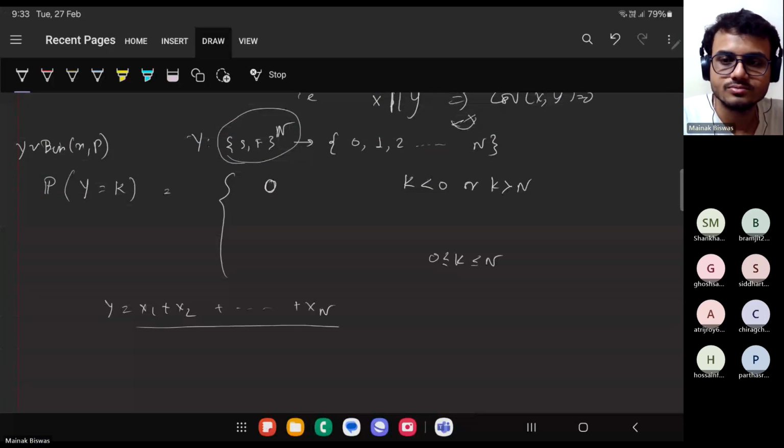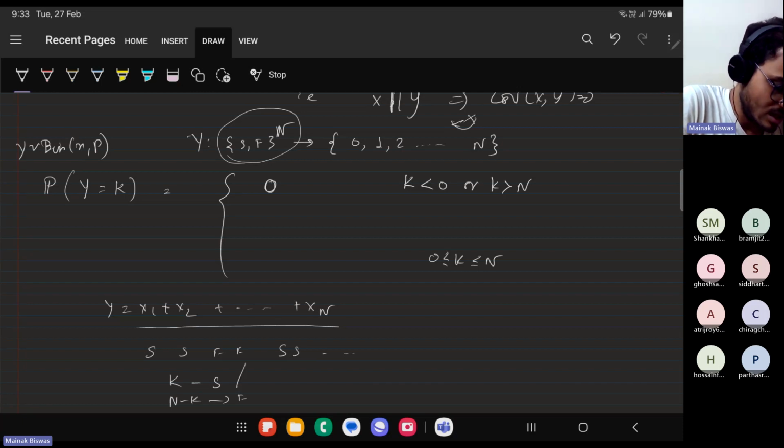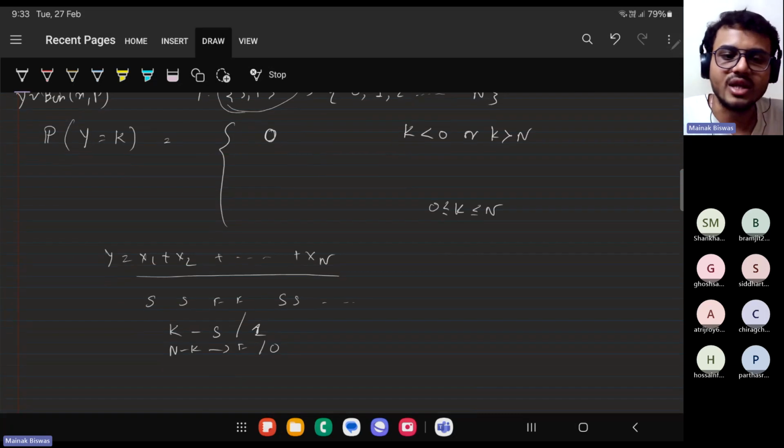So I want S, S, F, F, S, S, and so on: k S and n minus k F. Yes or no? So for a particular combination, what is the probability?